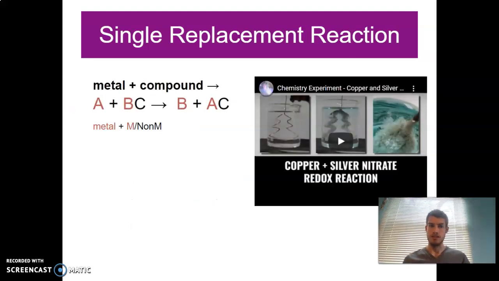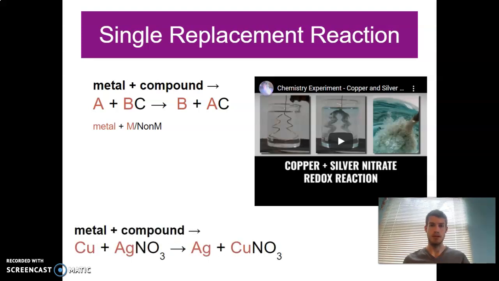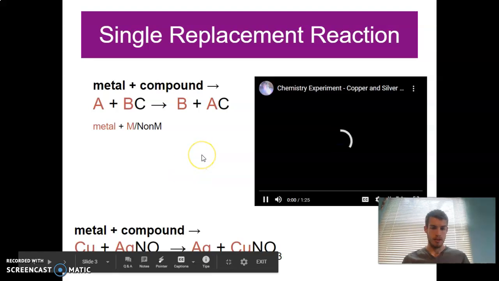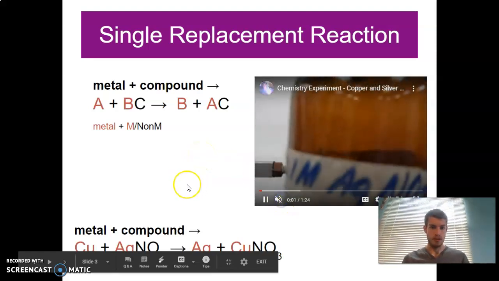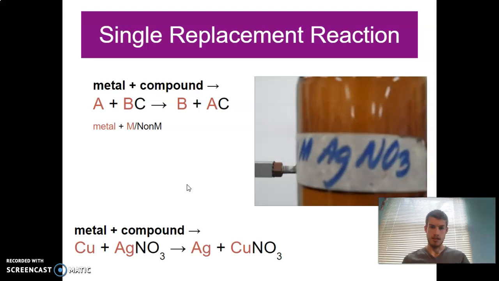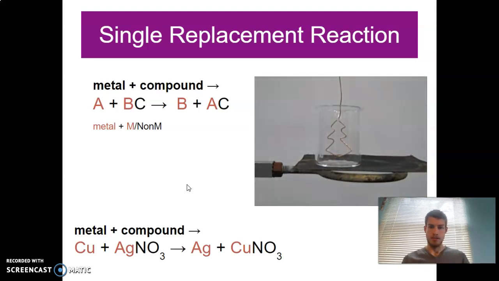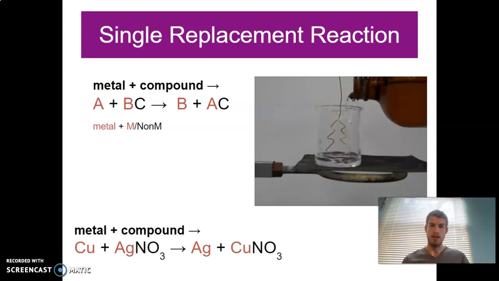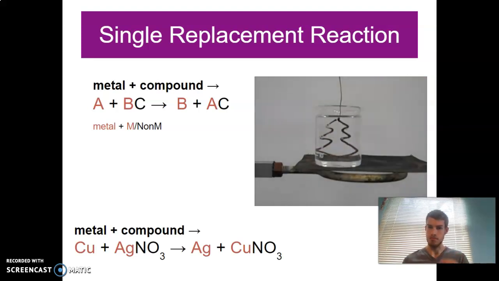Now I'm just going to show you an example of one of these single replacement reactions. So this is going to be copper reacting with silver nitrate. And we'll see it get set up. The single element in this case is copper. You can see the wire in there. Now they're pouring in silver nitrate into it. The reaction doesn't happen instantaneously, so this video is actually sped up. You can see it happening very quickly here.